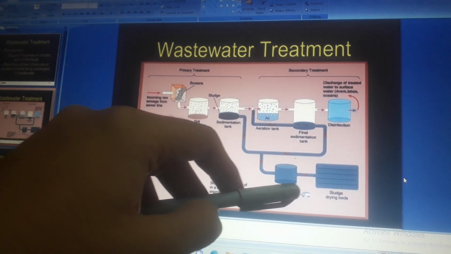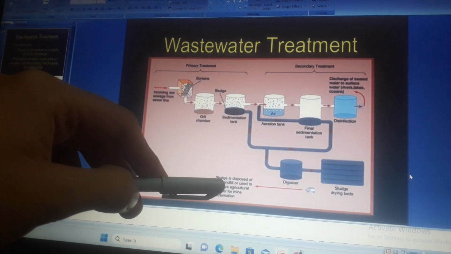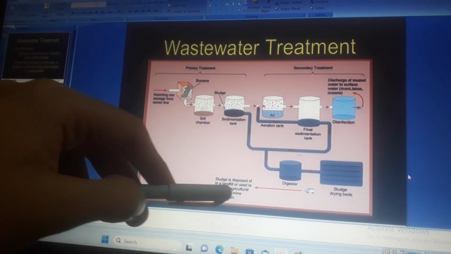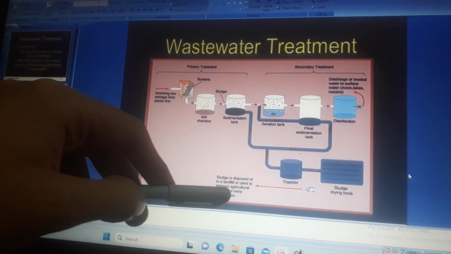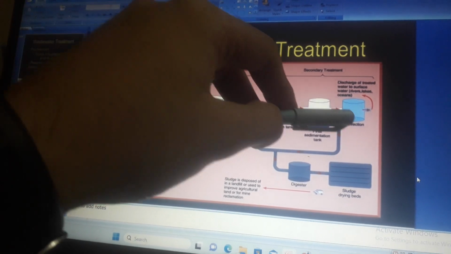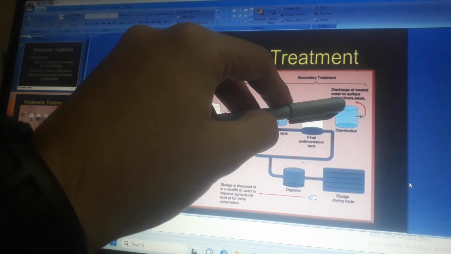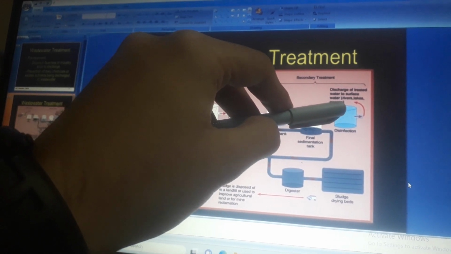Then it goes to the digester, then to sludge drying beds. Sludge is disposed of in a landfill, or used to improve agricultural land or for mine reclamation. Then disinfection, then discharge of treated water to surface water, rivers, lakes or oceans.